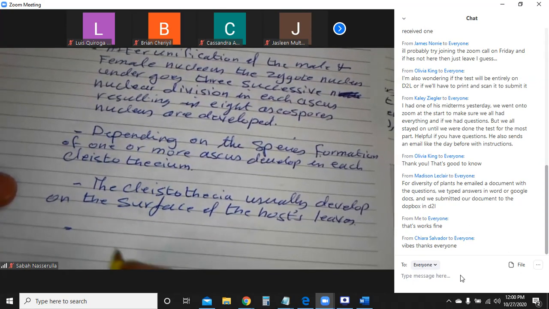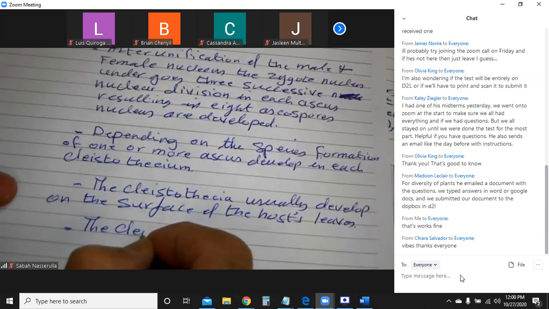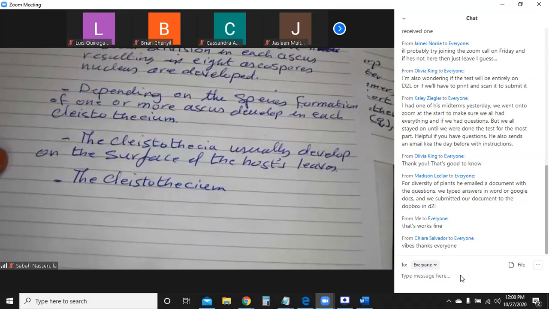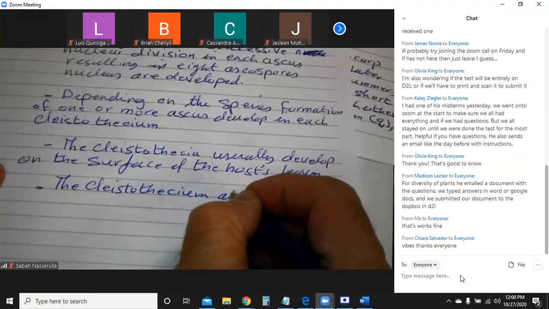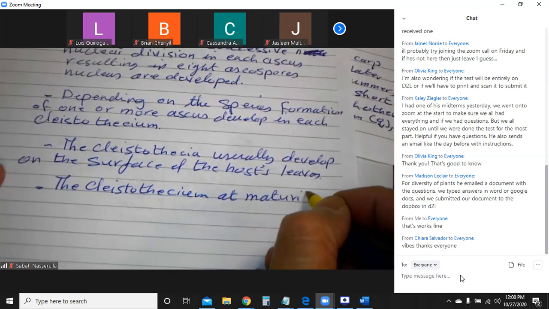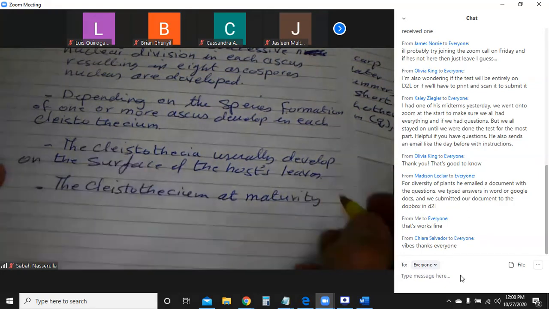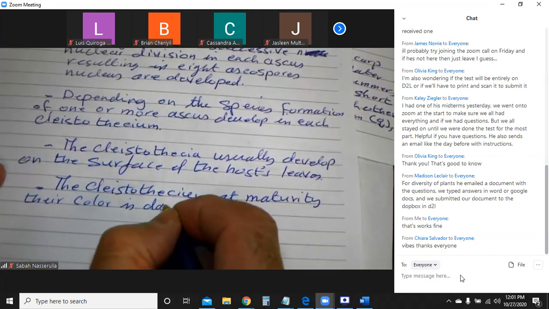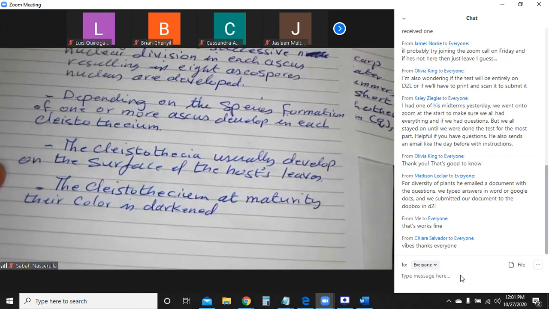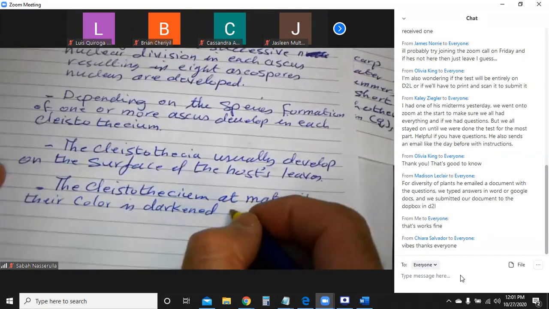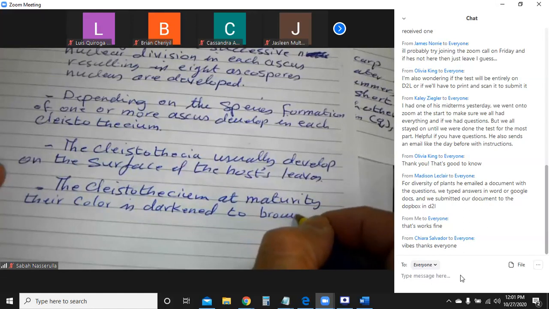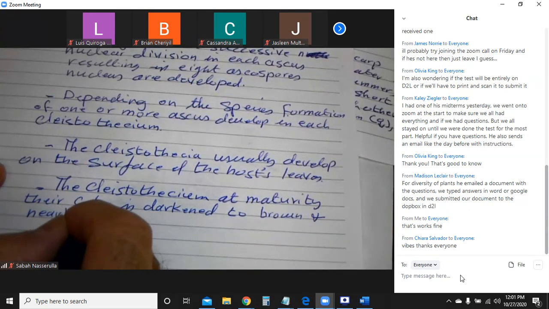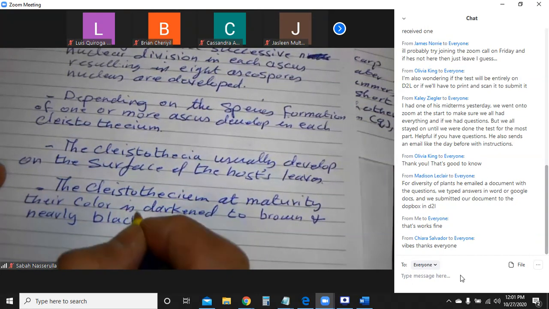To make this point here, the clistothecium at maturity, their color is darkened to brown, and sometimes becomes almost black, nearly black.